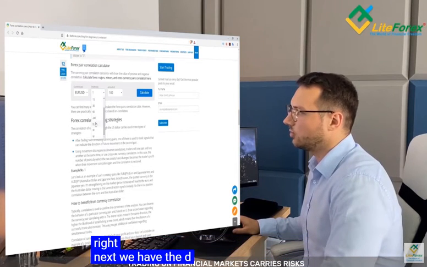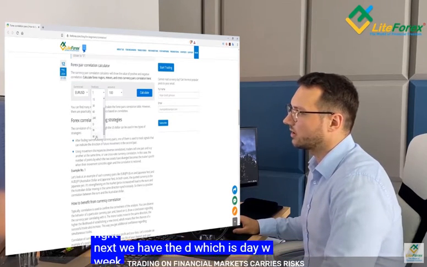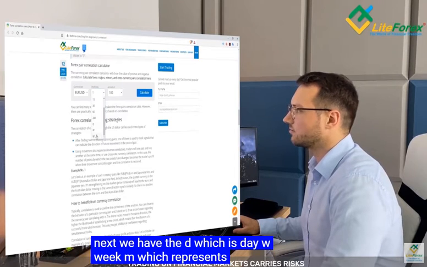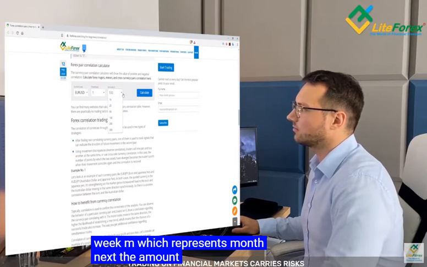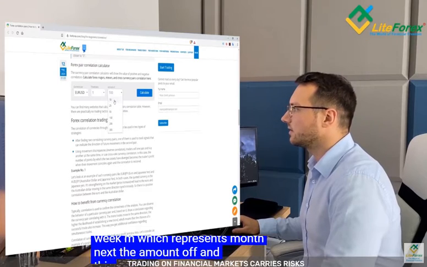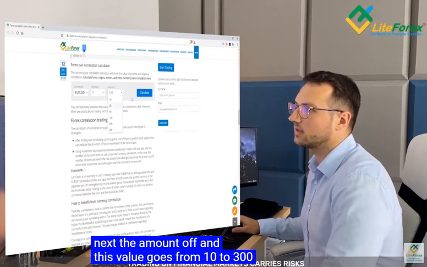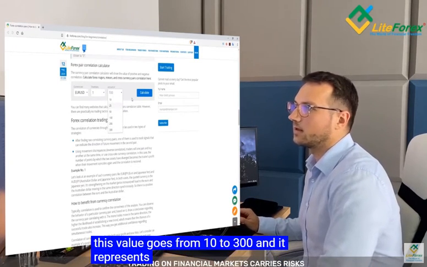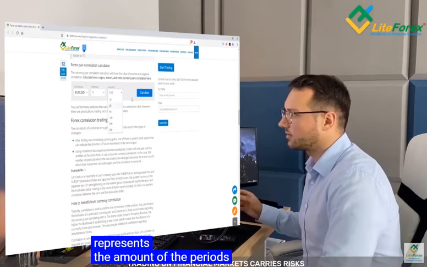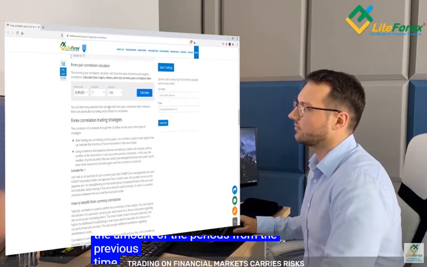Next we have D, which is day, W, week, M, which represents month. Next, the amount. This value goes from 10 to 300 and it represents the number of periods of the previous time frame.